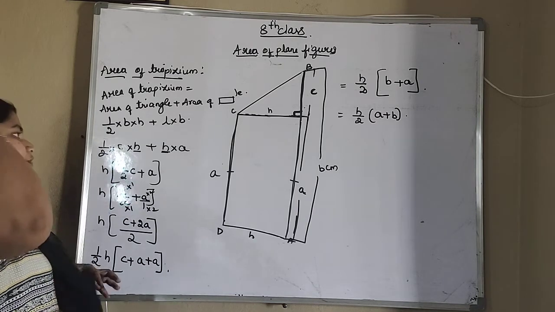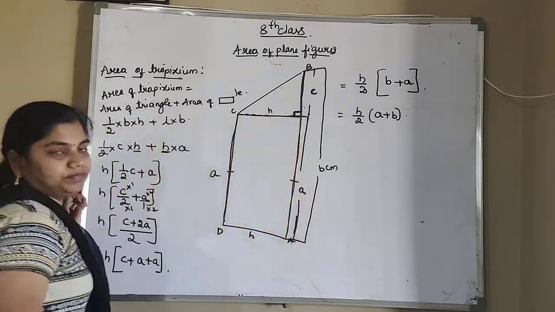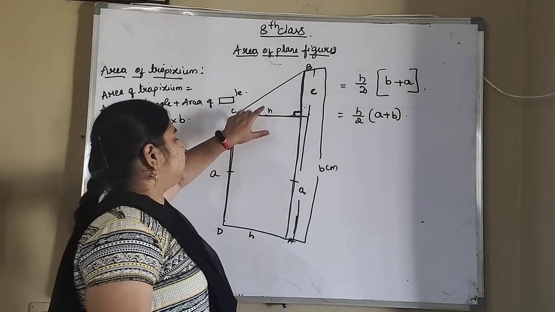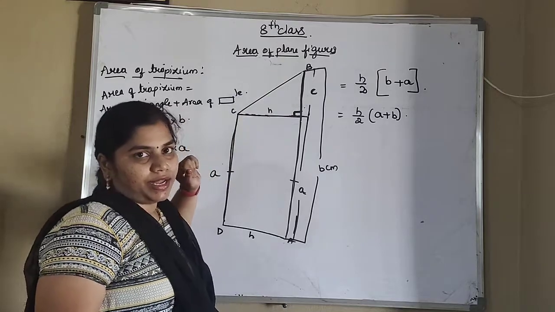Area of a trapezium, I have taken one trapezium figure. So from this vertex I have drawn one line. After drawing, this trapezium has been divided into two parts. One is triangle, other is rectangle.